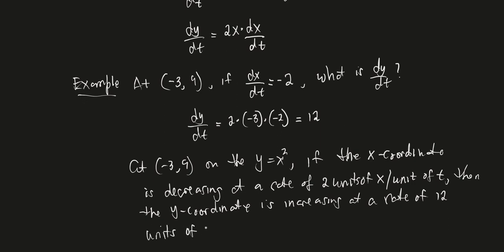If we were at a different point, we would likely have a different rate. And also, if x was changing at a different rate, that would also affect the rate of change of y. So there are two things affecting the rate of change of y: the x coordinate and the rate of change of that x coordinate. All right?